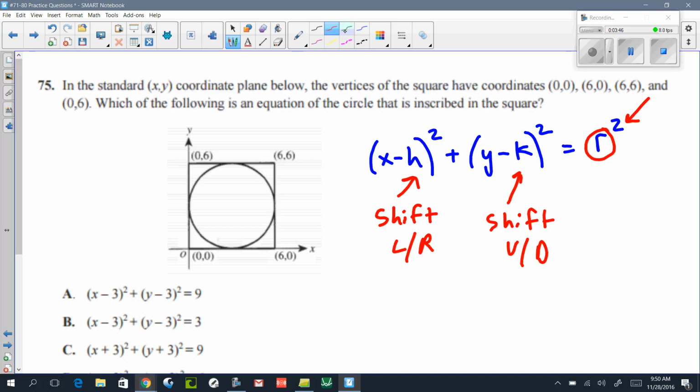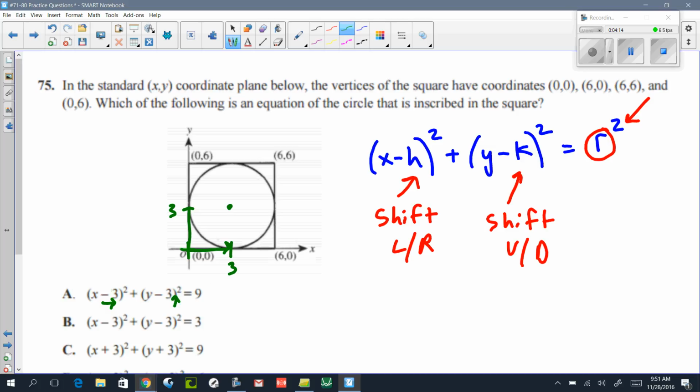So in this case, we have to take a look at this. This circle from the origin has been shifted to the right 3, that would be the halfway point, and up 3, that would be the halfway point as well. Just like normal translations, anytime the translation is inside parentheses, it's backwards to what you might think. So the minus 3 actually goes to the right, and the minus 3 inside actually goes up.